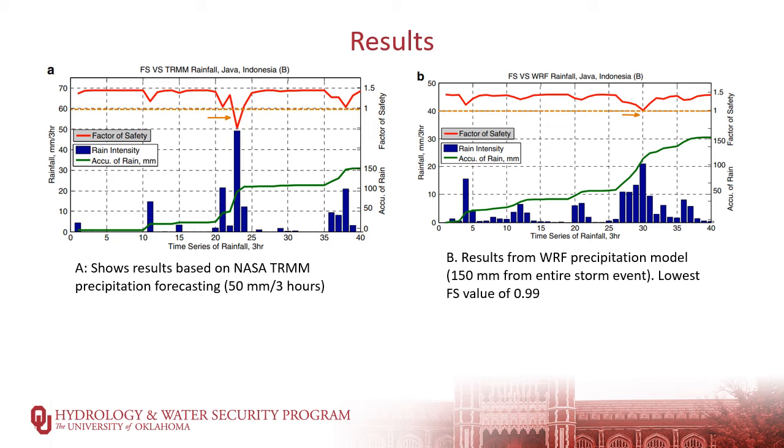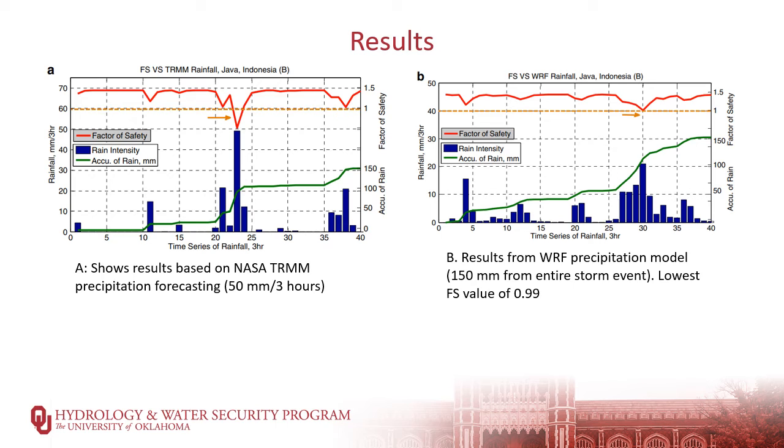Figure B shows the same thing, but this was with the WRF model, and this was used to verify what was found in Figure A. And you can see the factor of safety just barely goes under 1. The actual value was 0.99. So they predicted that the landslide would occur, but a little later.